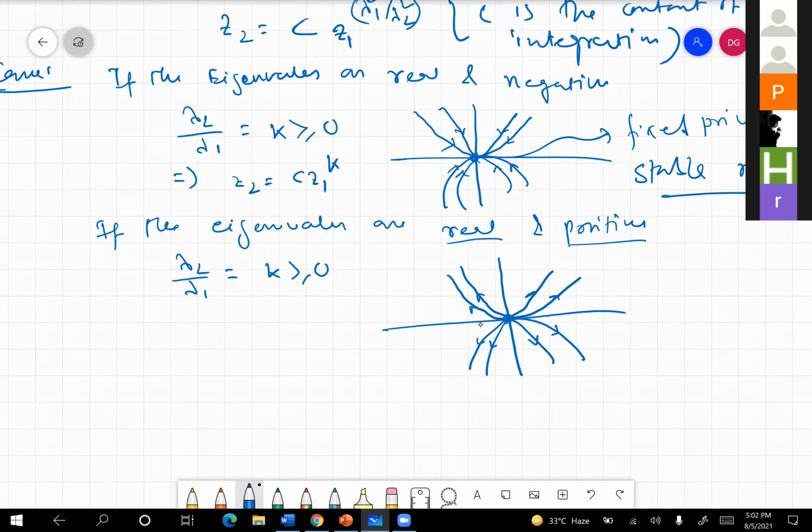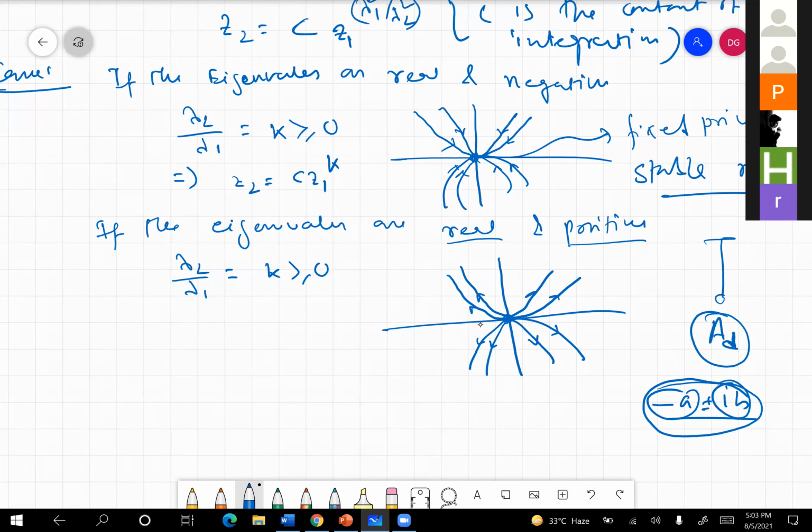At the vertically down position, the eigenvalues of the A matrix, if they are negative, we had minus something, a plus minus ib, right? One real part and an imaginary part. Even if the eigenvalues are in this form, if you have real eigenvalues, the system will go like this.